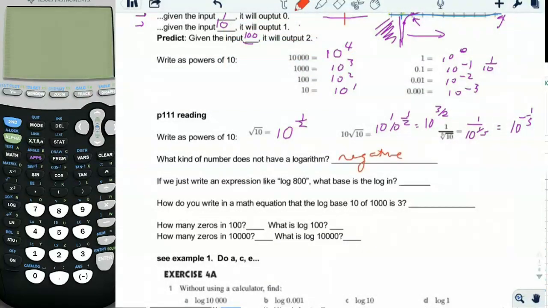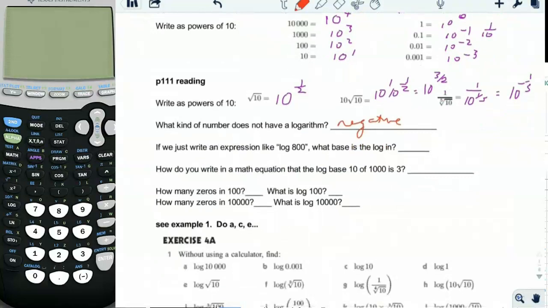If we write an expression like log of 800, what base is the log in? Well, if you don't say specifically log base something, then it's assumed that you're talking about base 10. So we're talking about log base 10 here. How do you write in a math equation that the log base 10 of 1,000 is 3?